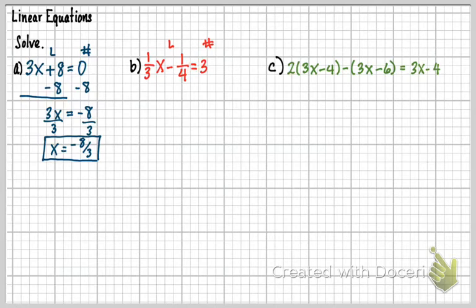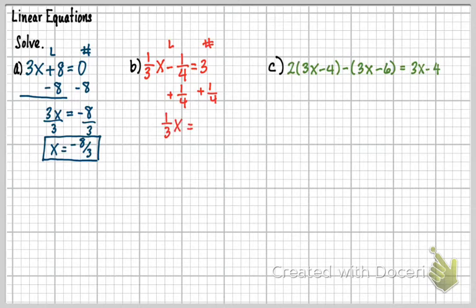Okay, so what I'm going to do first is get rid of this 1/4 here because that's just a number, so it's a number term. To get rid of that, I'm just going to add 1/4 to the right side of the equal sign. On the left side, I'm going to have 1/3 x.